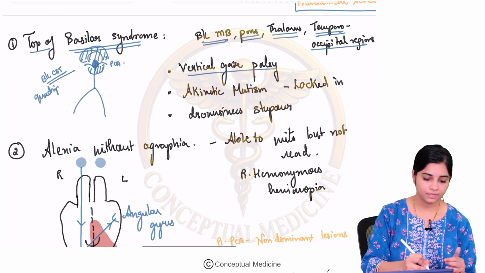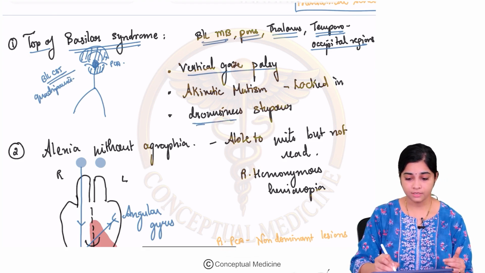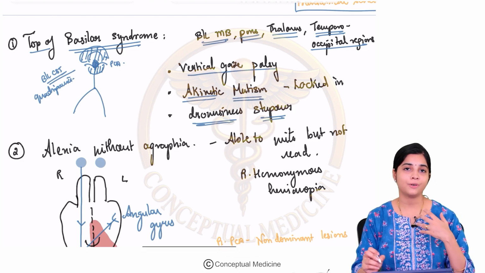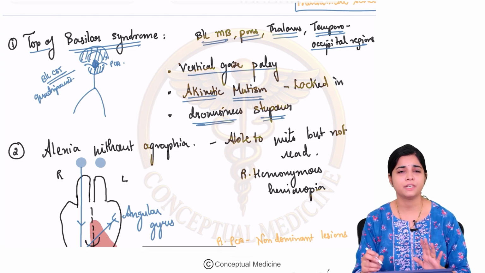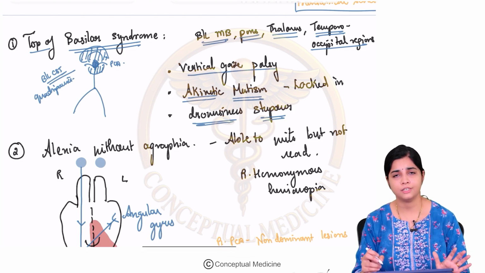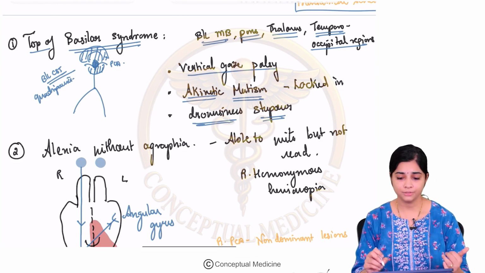They can have drowsiness, stupor, and a type of mutism where they will not be able to talk and are not able to move as well. This is a very devastating condition because the patient is able to understand everything, but is unable to talk and unable to move.